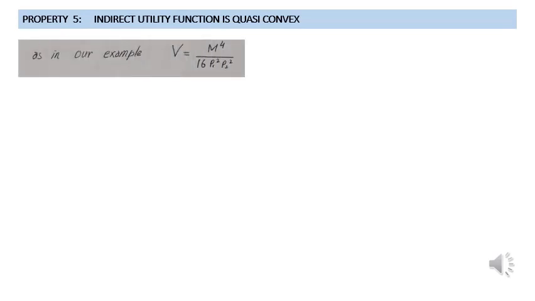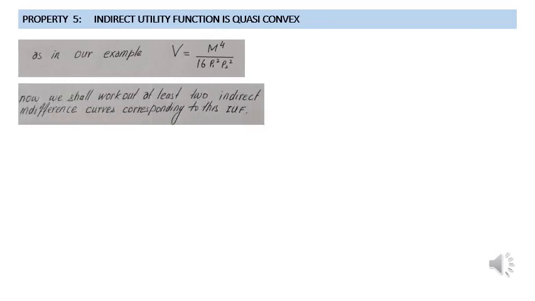Now we have to verify that indirect utility function is quasi-convex. For this, we'll have to work out at least two indifference curves corresponding to this indirect utility function. In order to work out the indirect indifference curves, we'll have to fix the utility level at the given income.